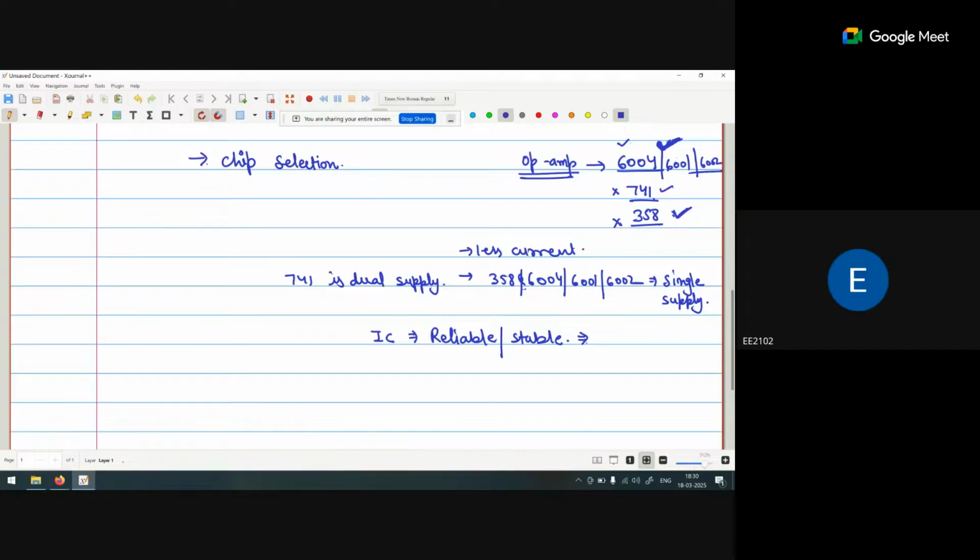If we design a system with the 741 or 358, it may be possible that you don't even know whether after 2 or 3 hours it will be working or not. Whereas the 6004 is more reliable. Clear?